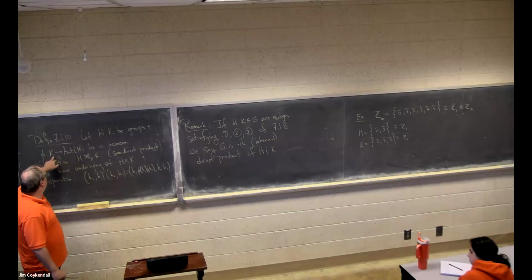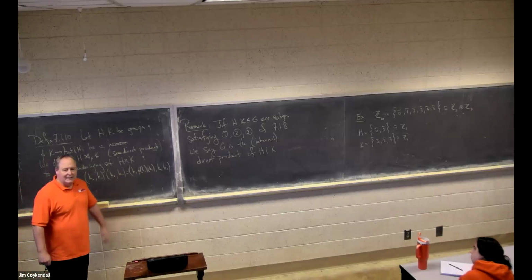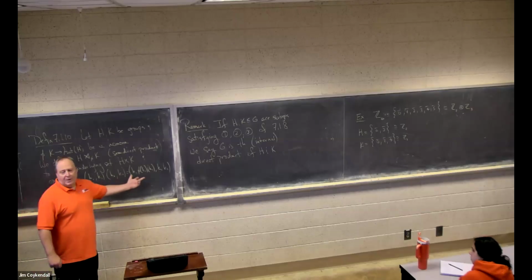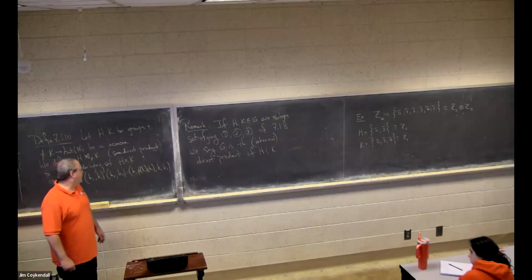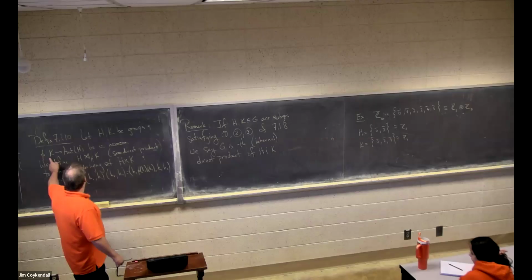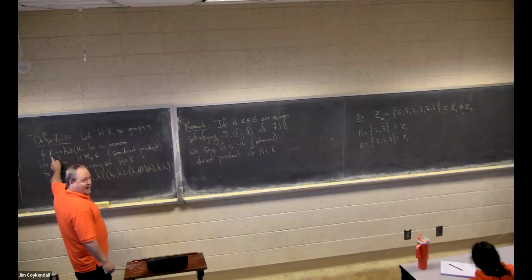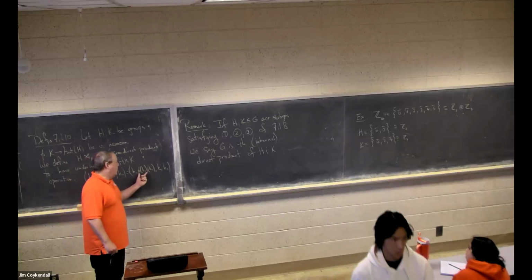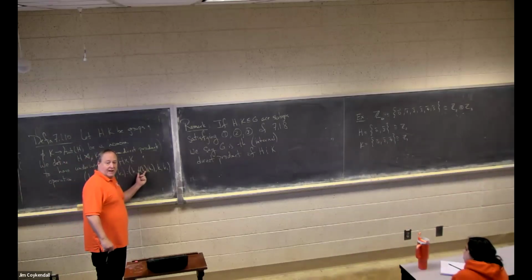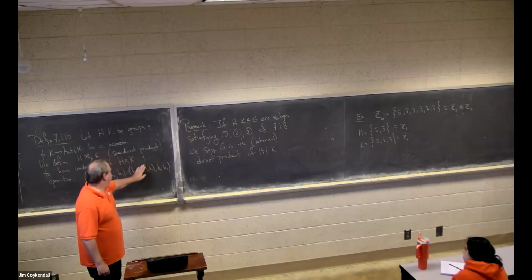So what if phi takes every element of K to the identity automorphism? How does this multiplication work then? That is exactly right, because if phi takes every K in K to the identity automorphism, then no matter what k1 is, this is the identity automorphism, which means that thing is just h2.